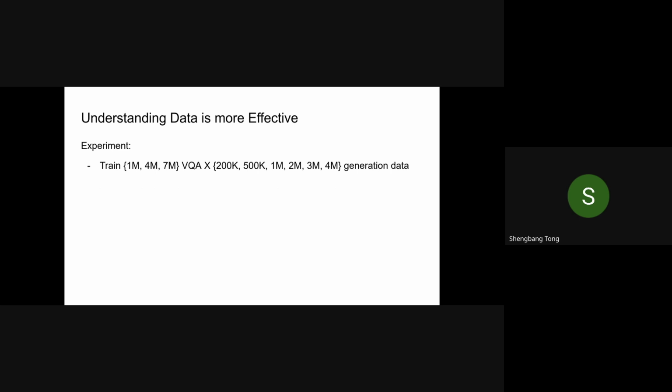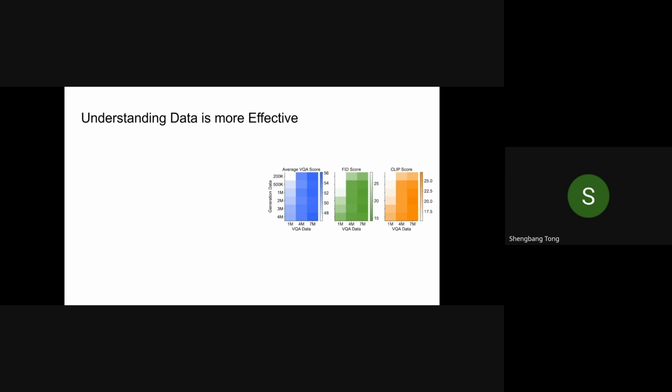So in order to study this problem, we train 1 million, 4 million, and 7 million VQA data, crossed with 200K all the way up to 4 million generation data. So it basically provides different levels of understanding and different levels of generation, and we intersect them together. And we measure their average VQA score as well as the FID score and clip score in this case.